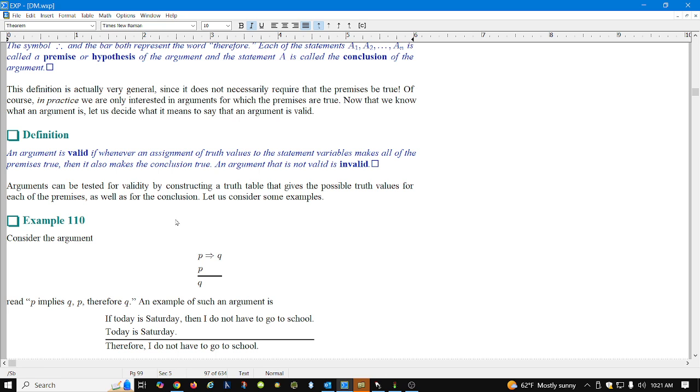An argument that's not valid is invalid. Now that should be quite a reasonable definition. If all the premises are true, then the conclusion has to be true. That's what makes a valid argument.